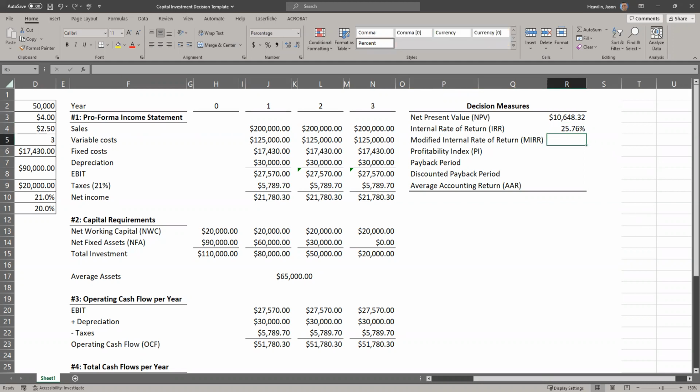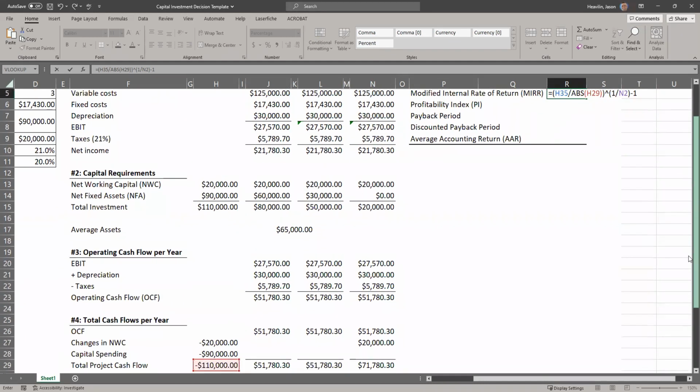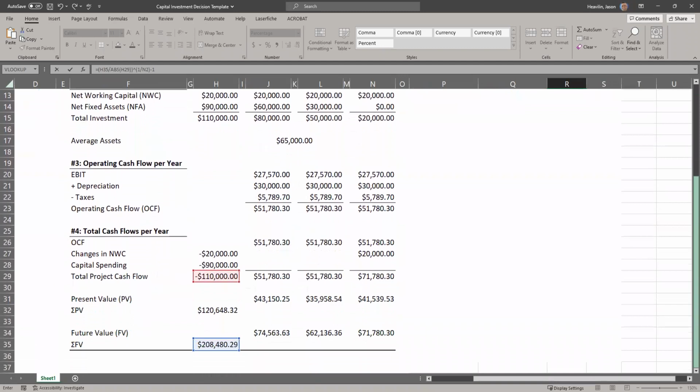Now, the modified internal rate of return. I'm going to copy and paste a formula I already have, and then I'll talk through the formula. It's a little easier to visualize that way. So for the modified internal rate of return, we're going to start with H35. We're going to start with this number here, the future value that we calculated in one of the previous videos from these cash flows.